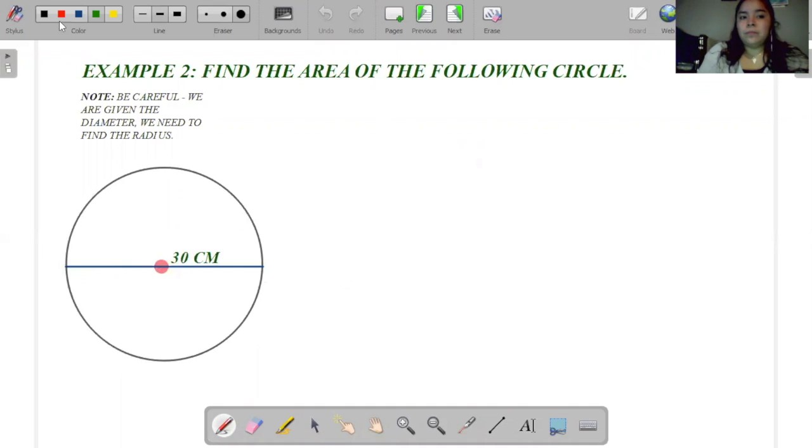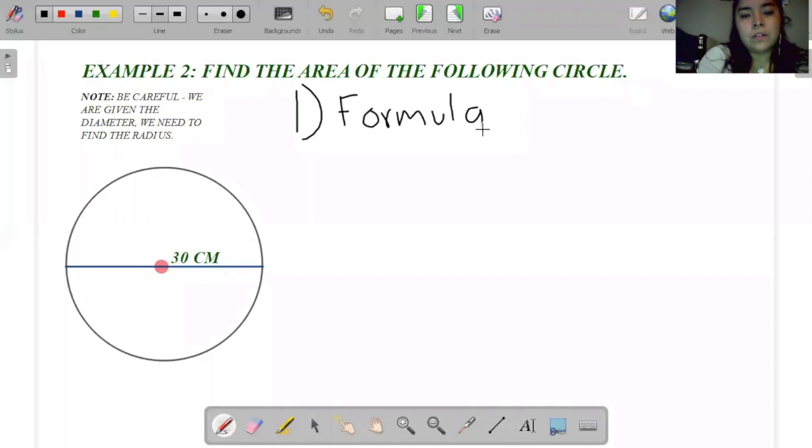Okay, so like always, our first step is to write down our formula. So A is equal to pi r squared, right?